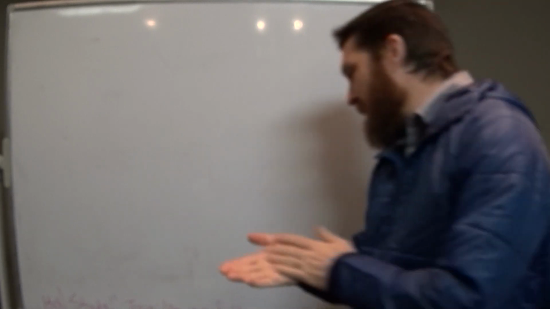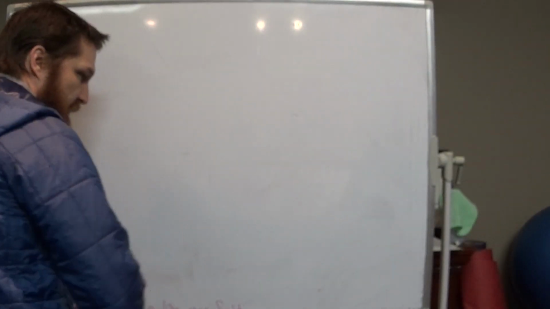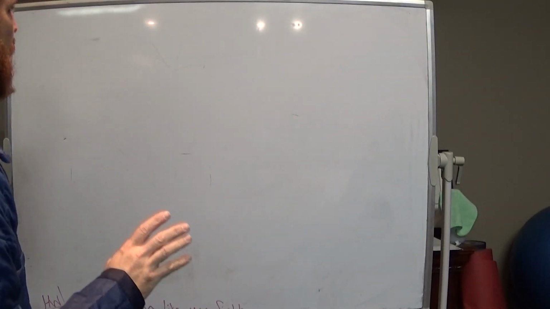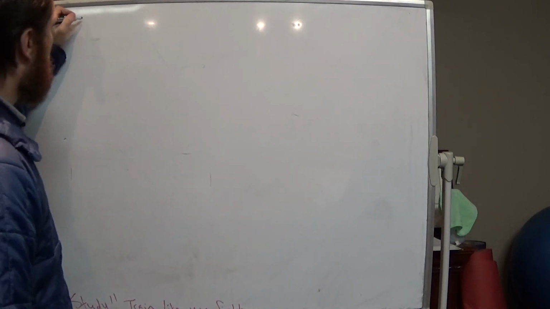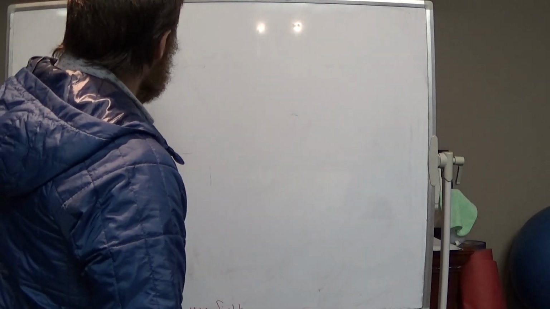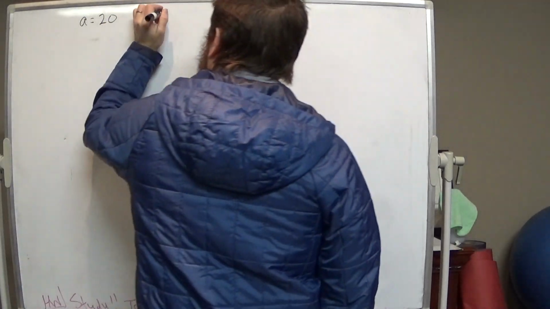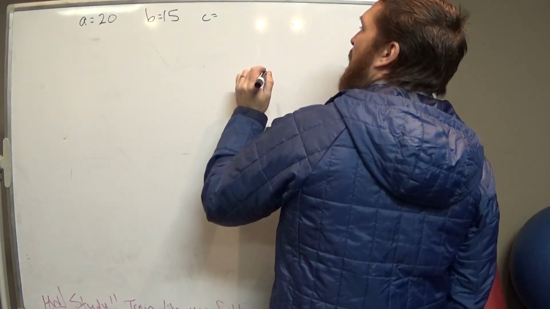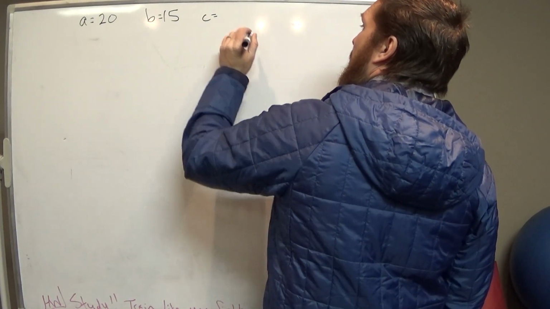One thing I wanted to say before I jump to questions is I emailed this out, but I wanted to be explicit about it. And I'm not using my notes, so I actually wrote something down. Let's say we're doing a side. And you're given A equals 20, B equals 15, and C equals, let's say, 10.